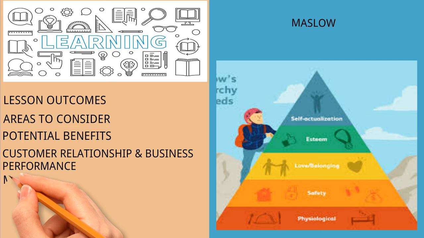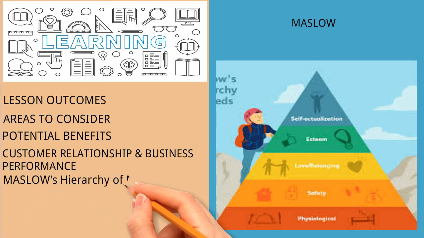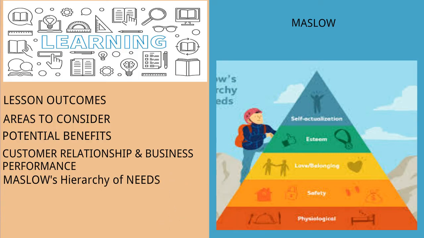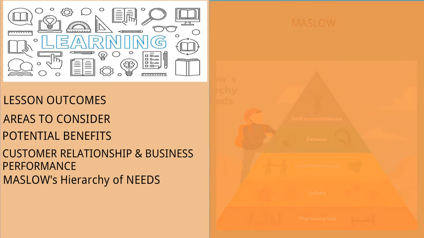Then we have esteem needs: self-esteem, confidence, achievement, respect of others and respect by others. And at the top of the pyramid, we have self-actualization: morality, creativity, spontaneity, problem solving, and acceptance of facts, and so on and so forth. So this is to identify what the needs of your customers are in order to best satisfy them, so they come back to you again and again.